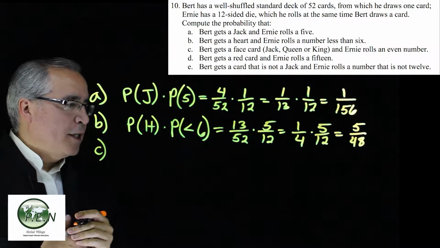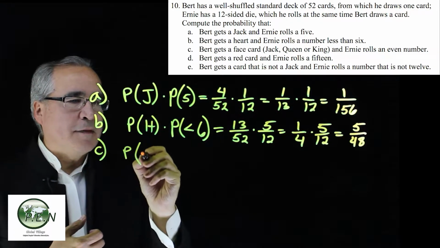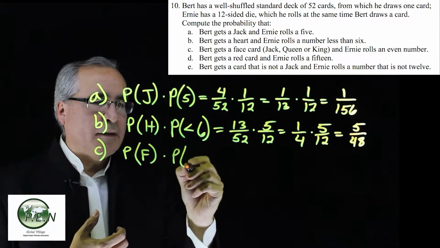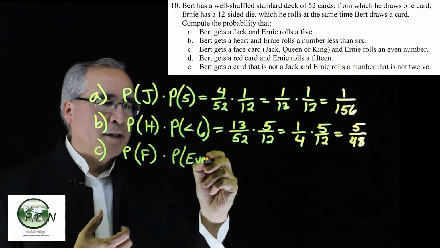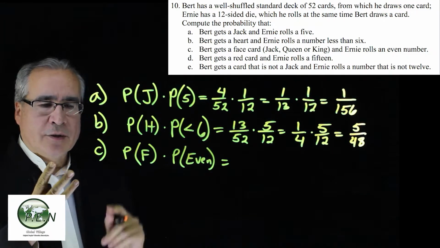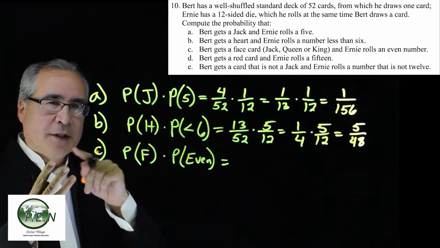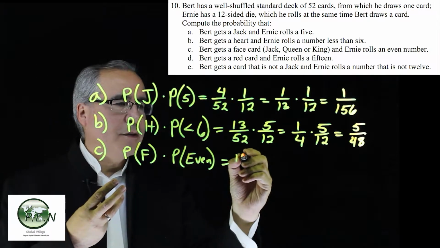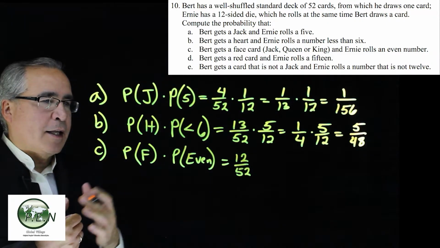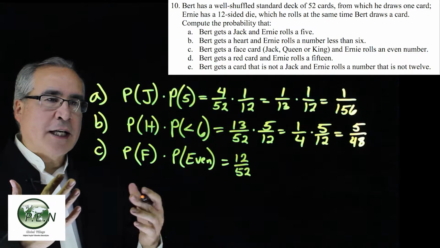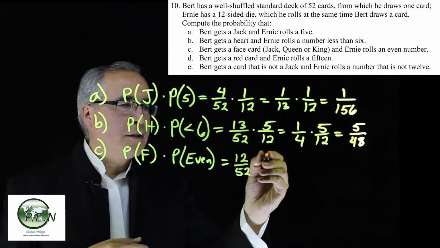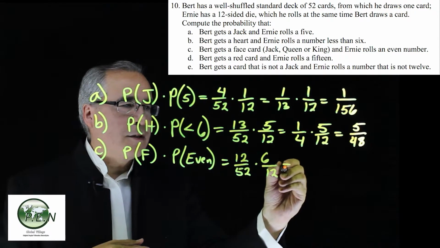The C question is asking us what's the probability of getting a face card, and what's the probability of getting an even number on the die. Face cards, there's 3 in each suit: Jack, Queen, King. 3 times 4 is 12, so 12 out of 52 in the card deck. Even numbers on a 12-sided die: 2, 4, 6, 8, 10, 12. There are 6 even numbers out of 12 total numbers.